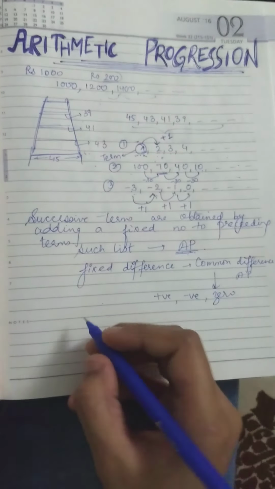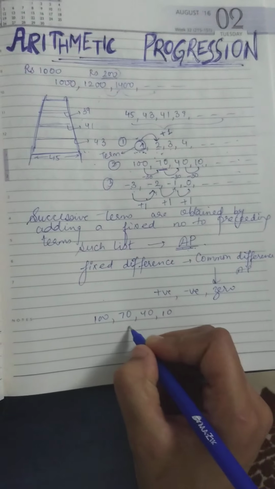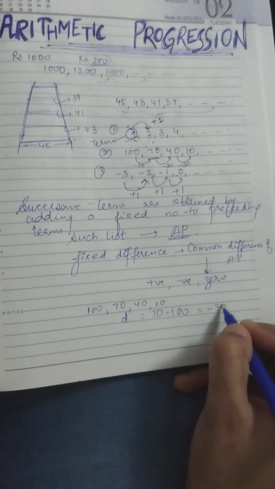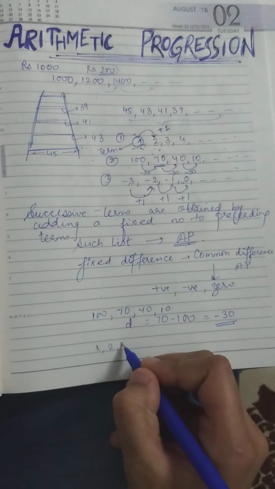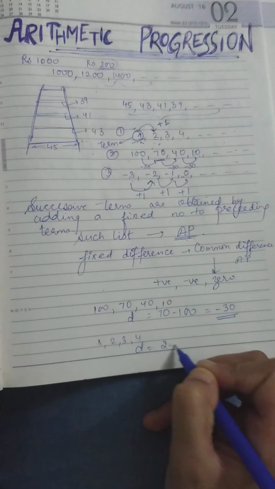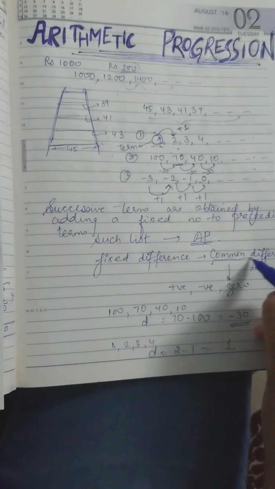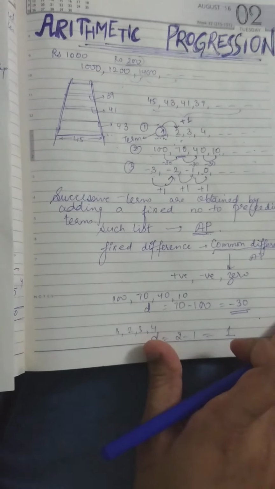Consider here 100, 70, 40, 10. The difference was 70 minus 100, which is -30. So the common difference was -30. In the 1, 2, 3, 4 pattern, D was 2 minus 1, which is 1, and this is positive. So the common difference of an AP can be negative, positive, or 0.